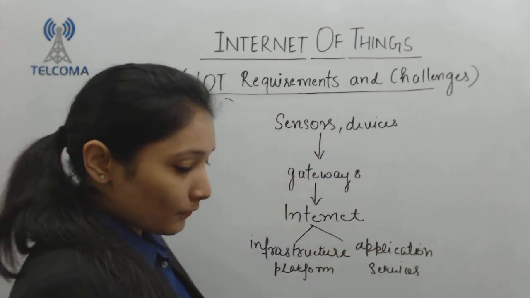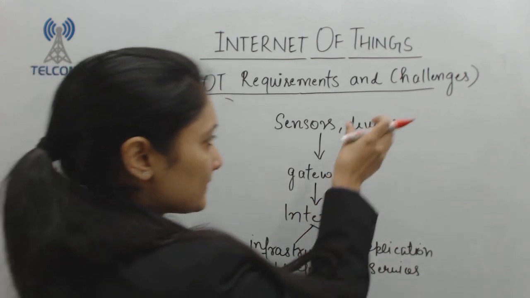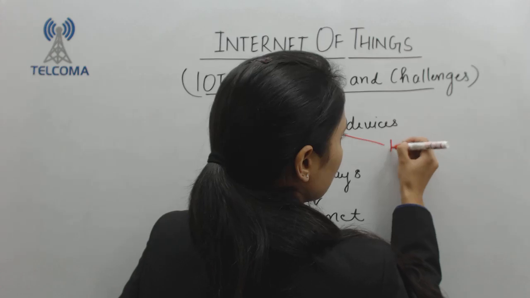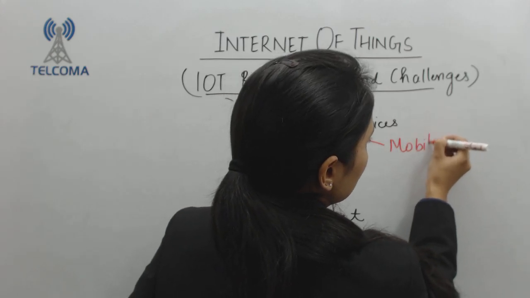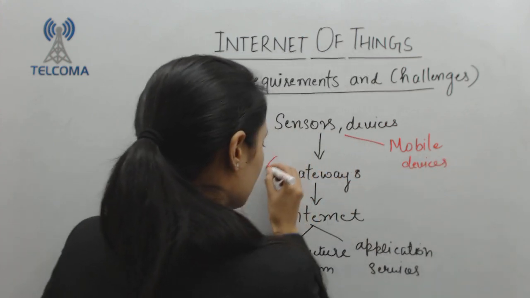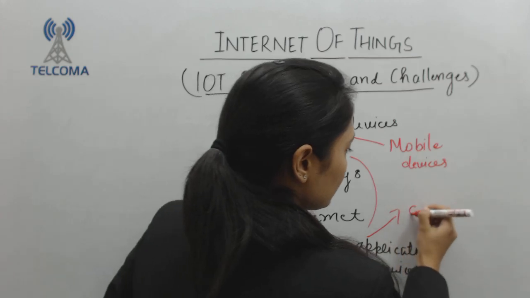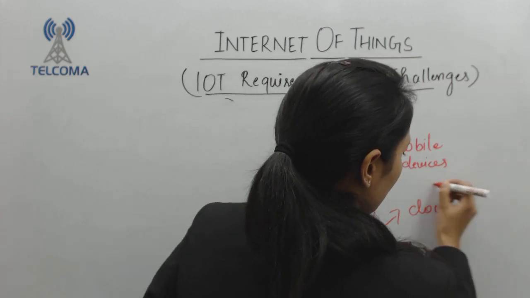services. So for this model, for your Internet of Things, like sensors, devices, that is like your mobile devices, gateways, and your internet, then you require cloud.